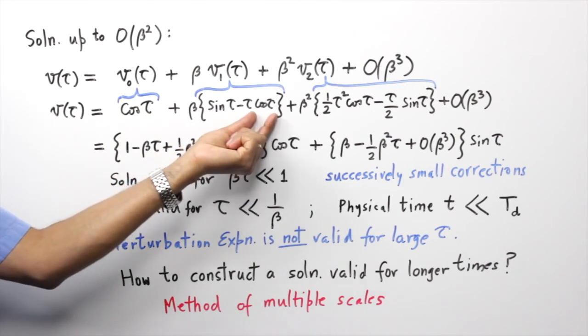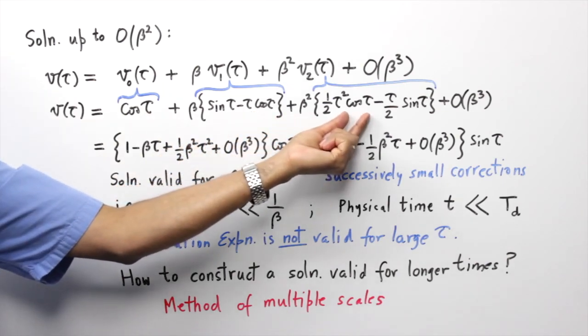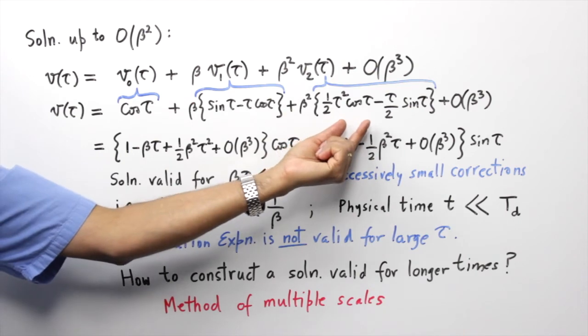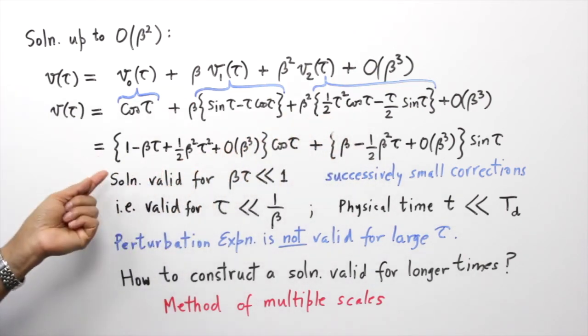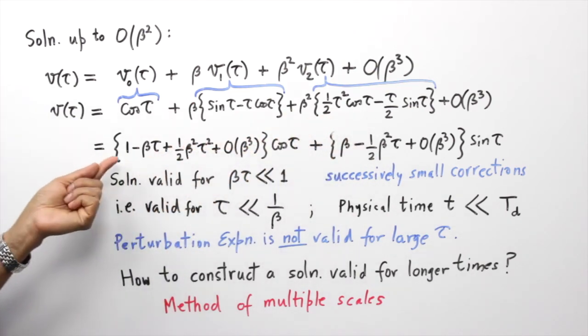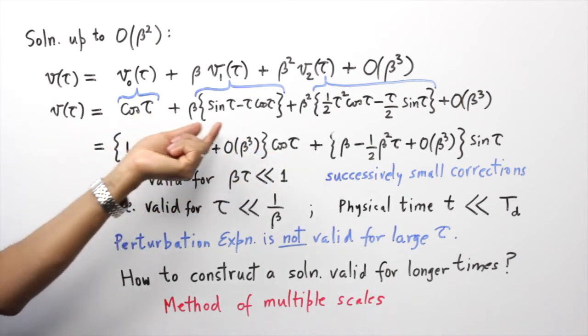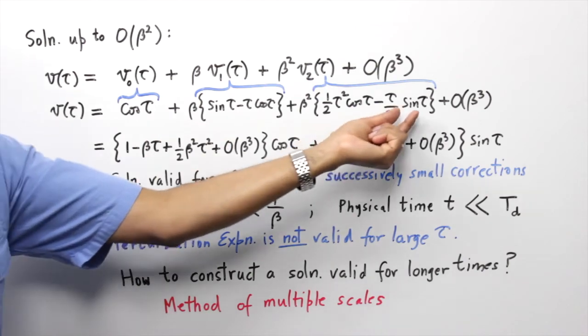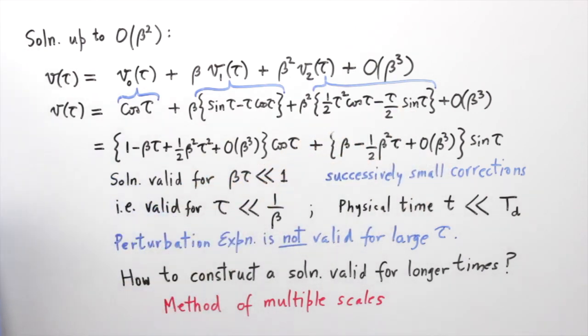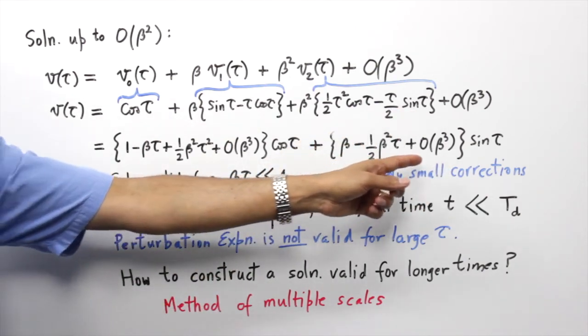Here is another term with cosine of tau. Here is a third term with cosine of tau with other coefficients. And so we're going to factor them all together. In this curly bracket, we have collected all the terms that involve cosine of tau. And then we see here that there is a sine of tau, and so on. So in the second term, we have collected the coefficients of sine of tau.